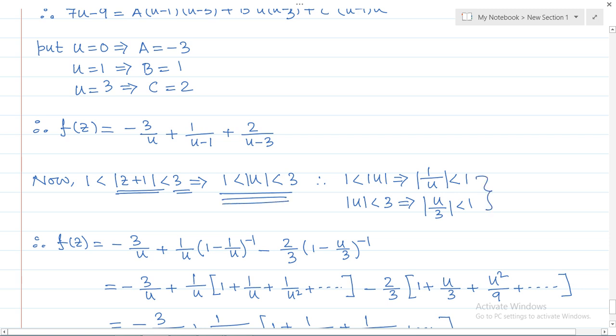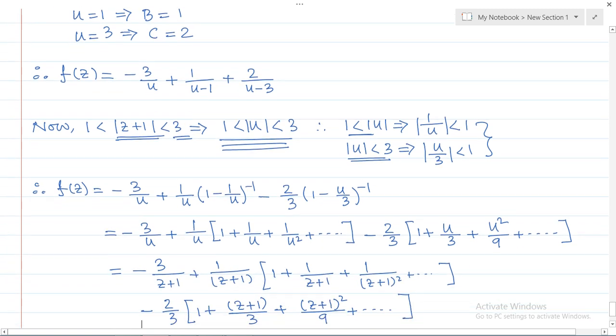From there we have to take common u as well as 3, as I have told you just now, that we have to take common z as well as the constant. So one constant I have taken common for the outer circle, and for the inner circle we have taken common the variable. And we have written the Laurent series expansion in this manner.